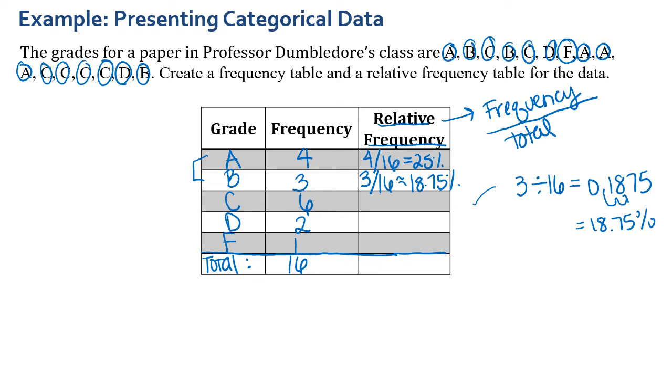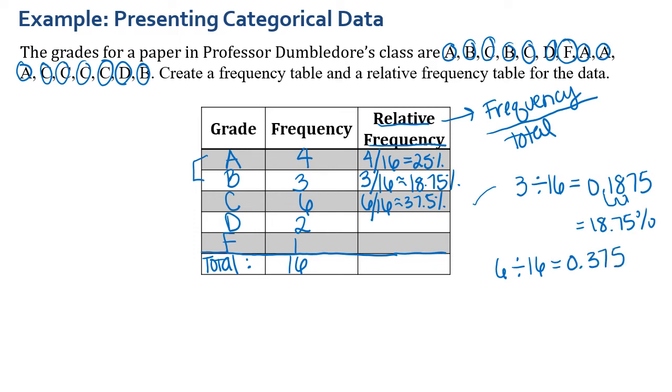For the relative frequency for C's, there were 6 C's out of 16 total papers, which is about 37.5%. Again, if you took 6 divided by 16, you can do this in Desmos or in a calculator, or even in Excel or Google Sheets by typing equals 6 divided by 16. You're going to get 0.375.